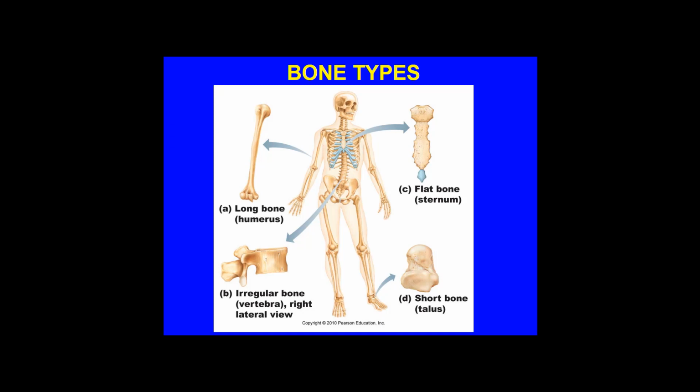You have also the sesamoid bones, and they're shaped like a sesame seed. They vary in size and number in individuals, so really you can't count them in the overall number of bones that exist in the average human body. But they are small bones that exist within a tendon, and they function to alter the direction of pull of the tendon.